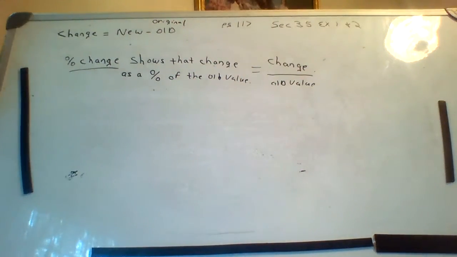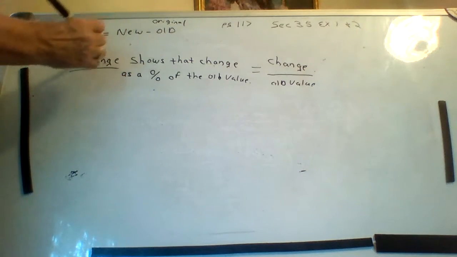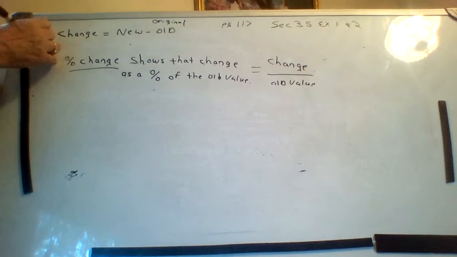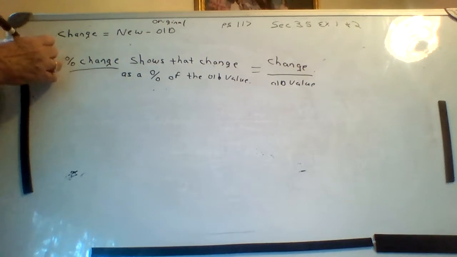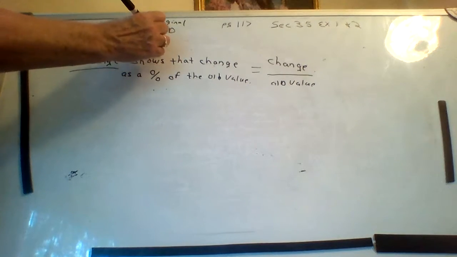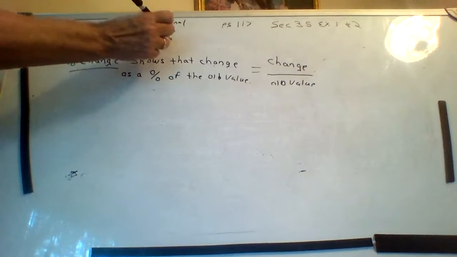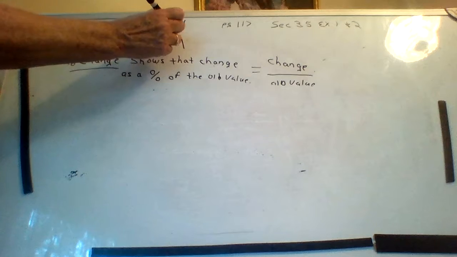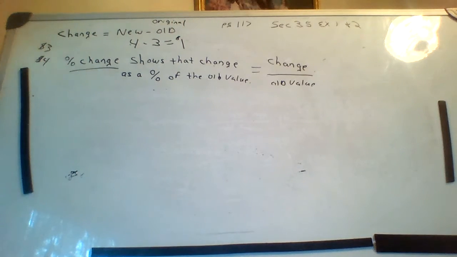So example 1, it says, a baker decided to raise the price of a loaf of bread, his specialty bread. He went from $3 to $4, right? So the change, I'm going to subtract the original from that, the change is $1. That's how he's increased his bread, by $1.